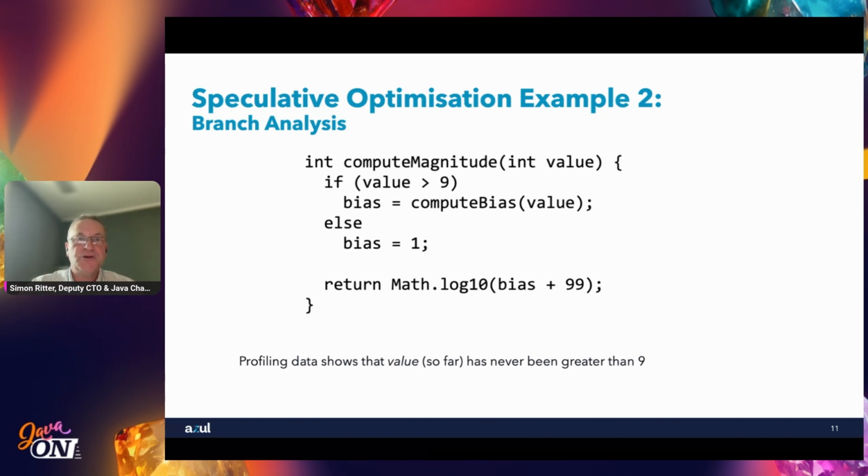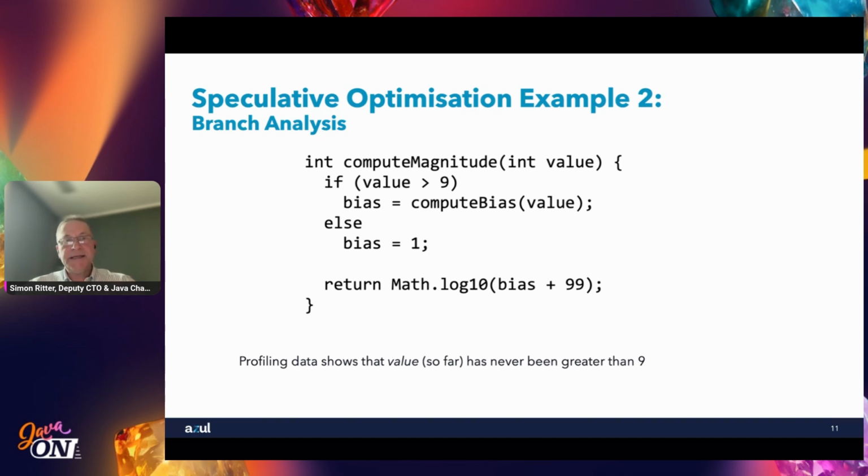So here I've got a method called computeMagnitude, takes a value as a parameter. And then we do a test, is the value greater than 9? If it is, we call a separate method somewhere else, computeBias, passing in the value. If the value is not greater than 9, we set the bias equal to 1. And then we're going to return the log base 10 of whatever the bias is plus 99.